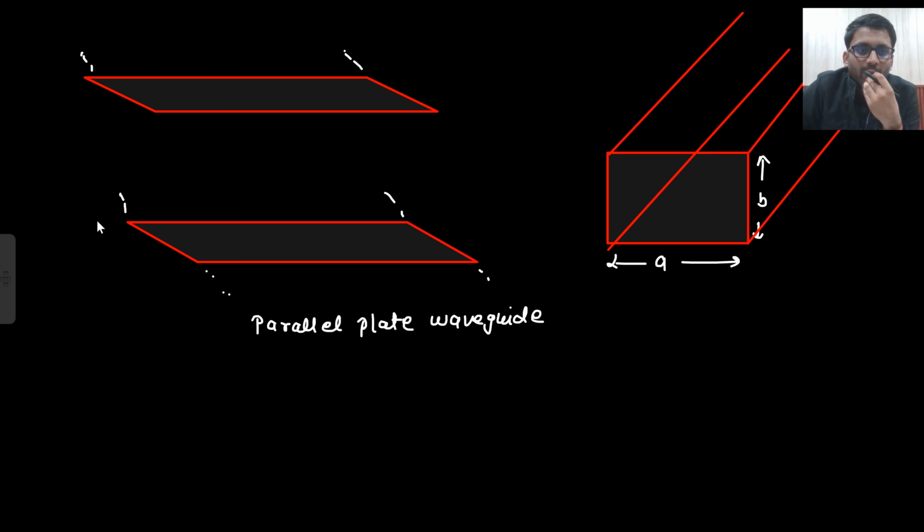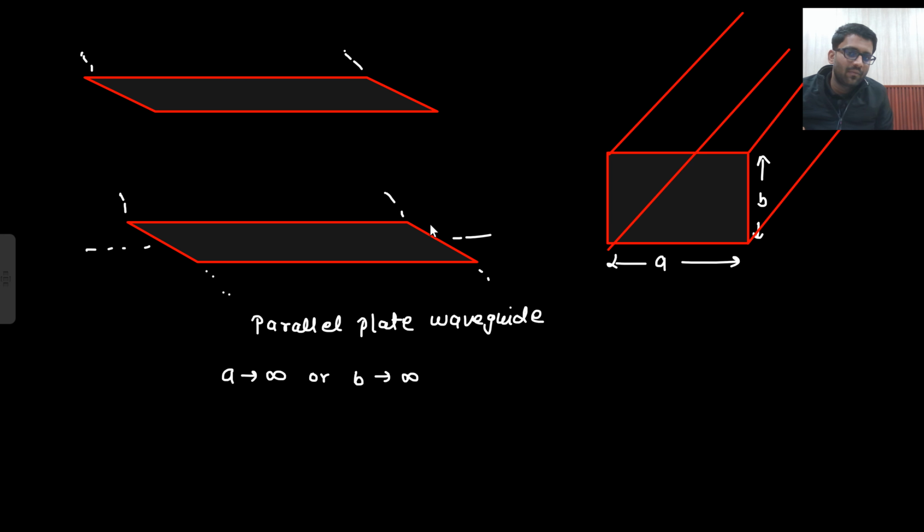So simply what you need to do? You either put a equal to infinity or you put b equal to infinity. Either one you can put. What I mean to say is that these are two parallel plates extended to infinity. So this length is also infinity, and here this length is also infinity.